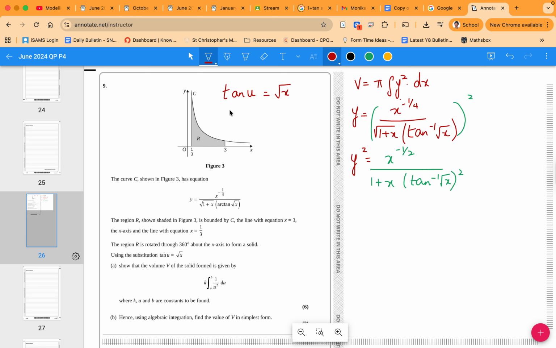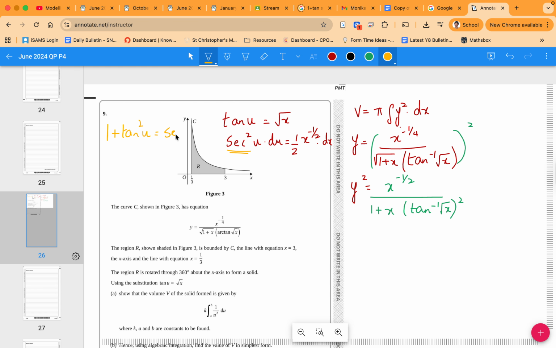If I differentiate both sides, the differential of tan u is sec squared u du, and the differential of root x is half x to the power of minus half dx. Sec squared u is nowhere to be seen in what we are doing, so we use the identity 1 plus tan squared u equals sec squared u.